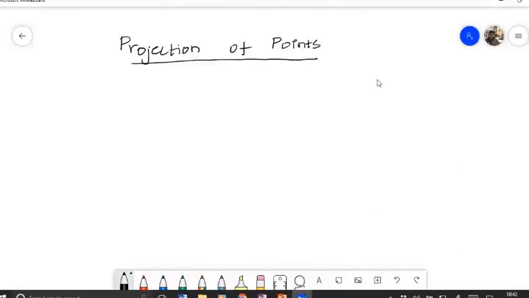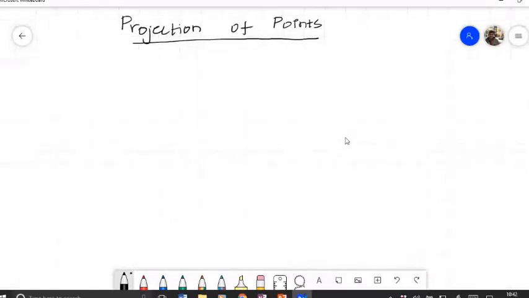Now let's move to the projection of points. So let me draw the four quadrant system.